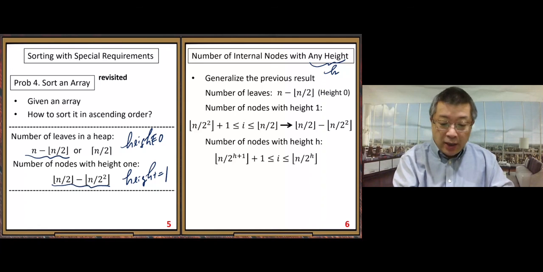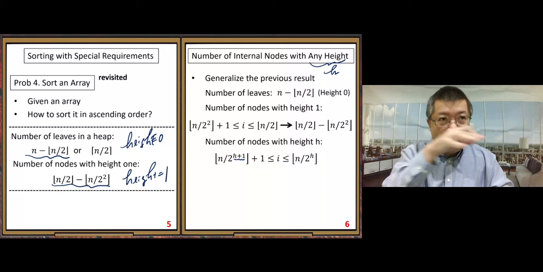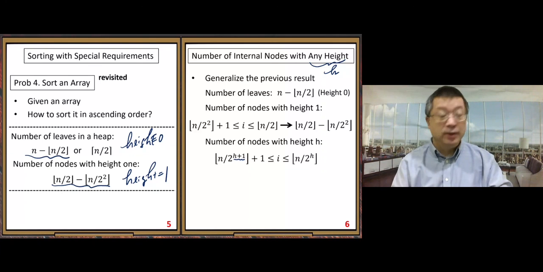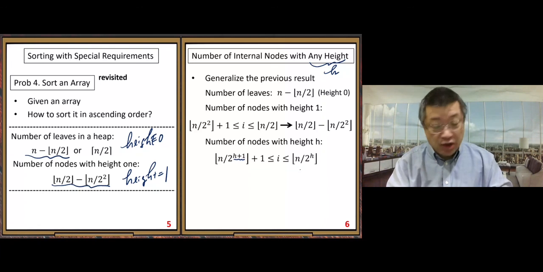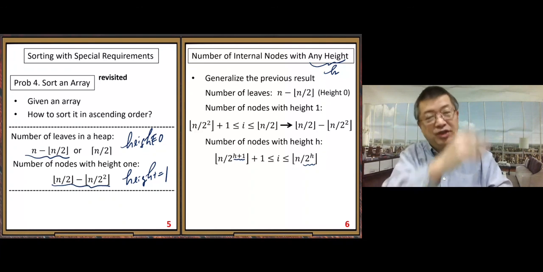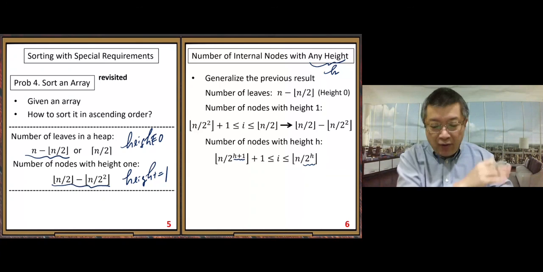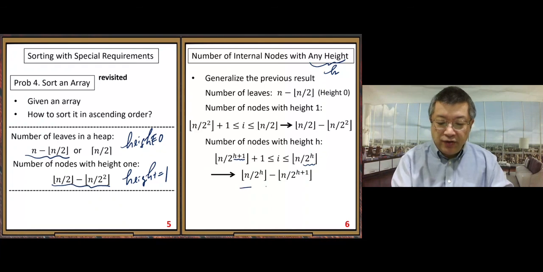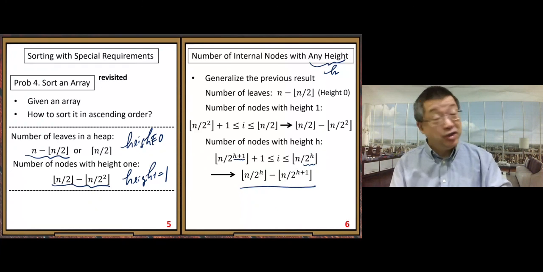Lower bound, floor of n over 2 to the h plus 1, one more than the height h, plus 1. That's the lower bound. Upper bound, still floor function, but n over 2 to the h. That's the range. Then the number of nodes in that range, the formula. So this is the formula. Very natural, the general case.